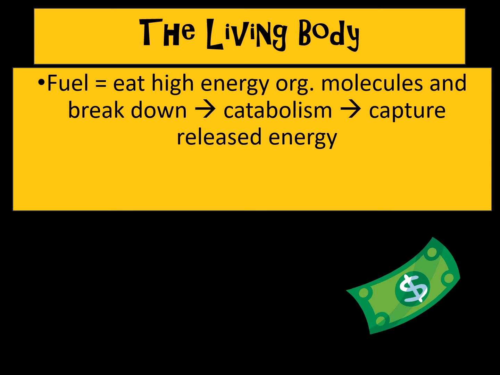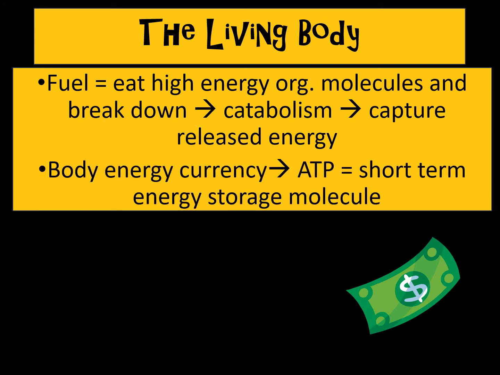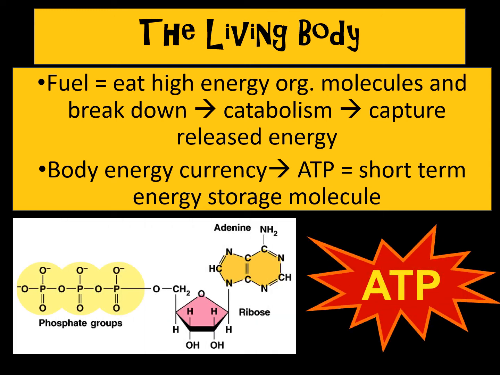And so once we break these things down, though, we need something to capture that energy that's being released. Well, in the human body, the thing that we use to capture this released energy is what we call ATP. So ATP is kind of like our body's energy currency. It's short term. It's an energy storage molecule.